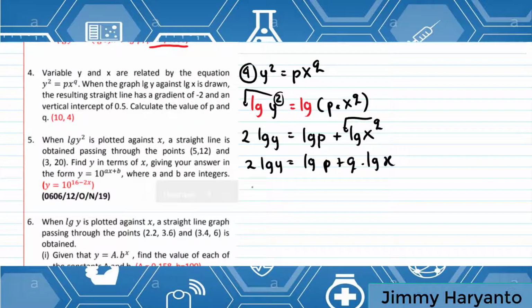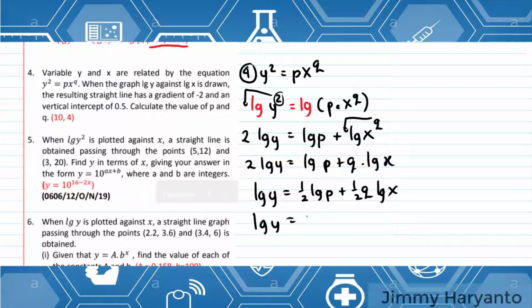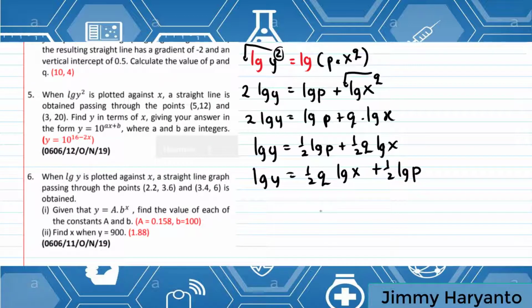I will rearrange them, maybe I will move the 2 to the right side. It will become LGY equals half LGP plus half Q LGX, and then rearrange them. Half q LGX plus half LGP. Now it's similar with y equals mx plus c.